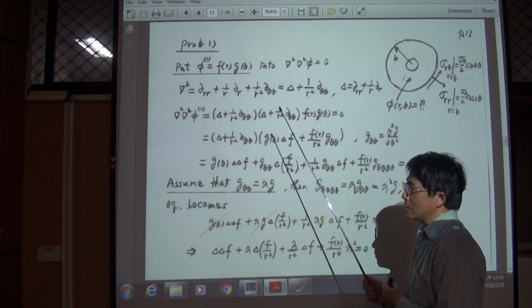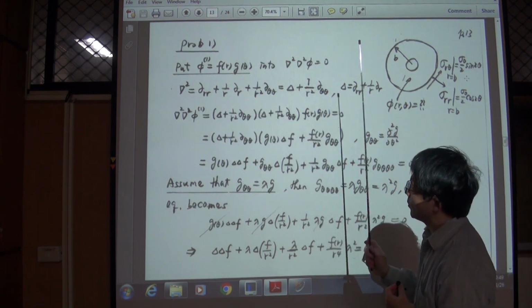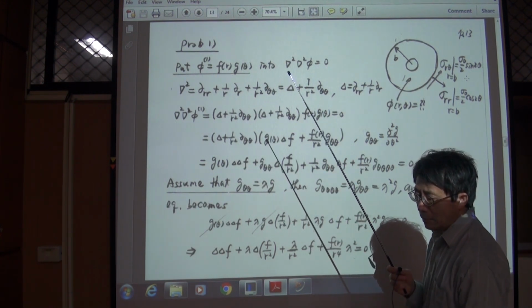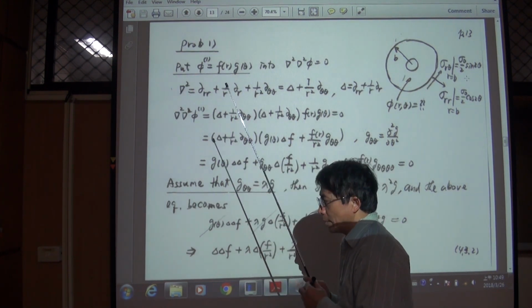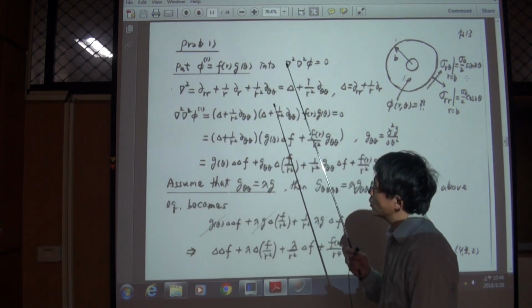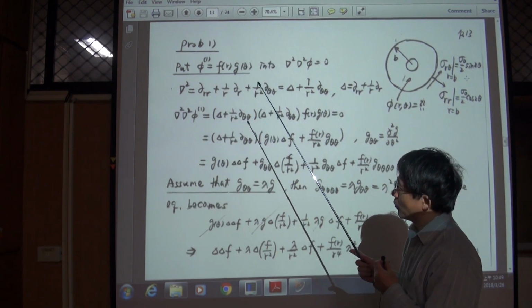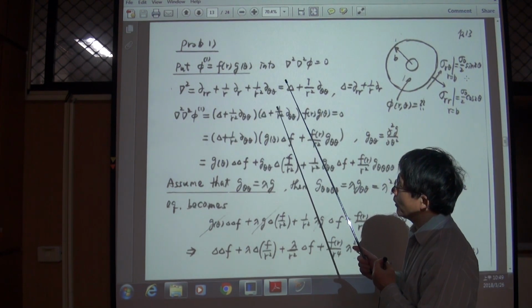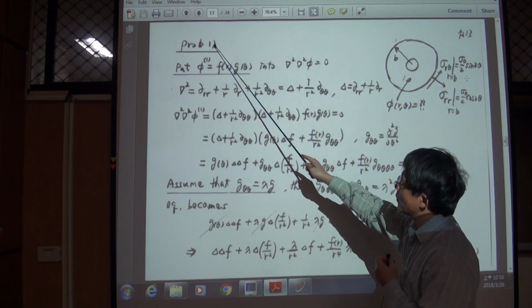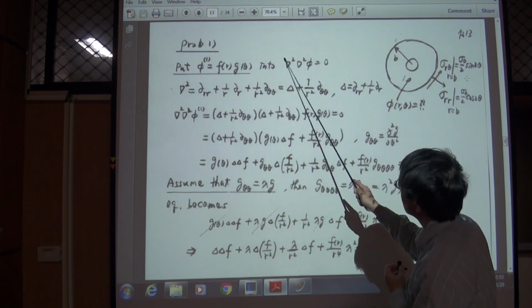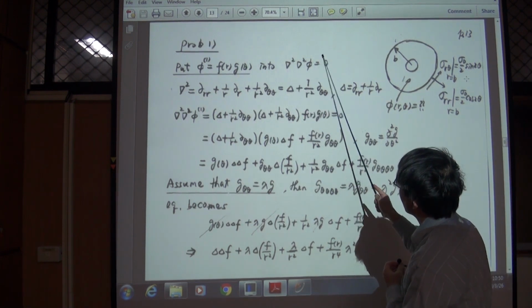Let us continue to solve the problem now. We have already decomposed our original problem into two problems, problem 1 and problem 2. We want to solve these two problems one by one. The first problem, the governing equation is this.